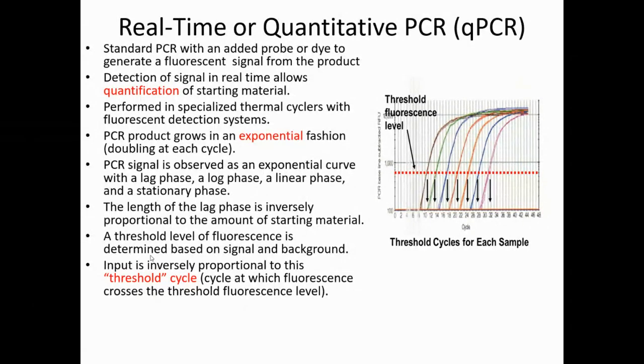So it can detect the accumulation of amplicons after each thermal cycle in real time. Real time implies that data collection and analysis occur as the reaction proceeds. The initial concentration of the target sequence can be determined by comparing the amplification kinetics between the target and an internal control with known copy numbers.